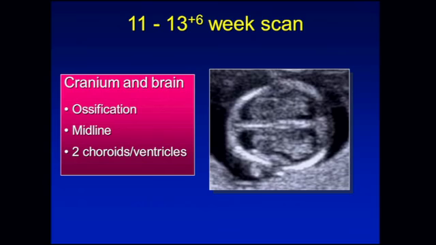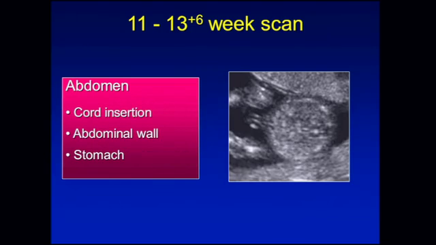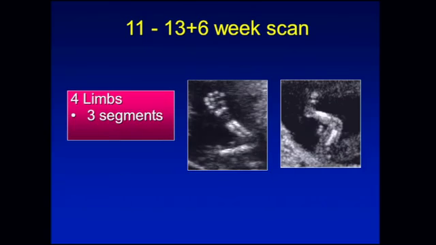We would do axial images of the cranium and the brain to look for the cranial bone ossification, the midline falx, and the choroids and ventricles. We would do an axial view of the abdomen to look at the cord insertion site and the intra-abdominal wall. And we would image all 4 limbs with 3 segments in each of the limbs.